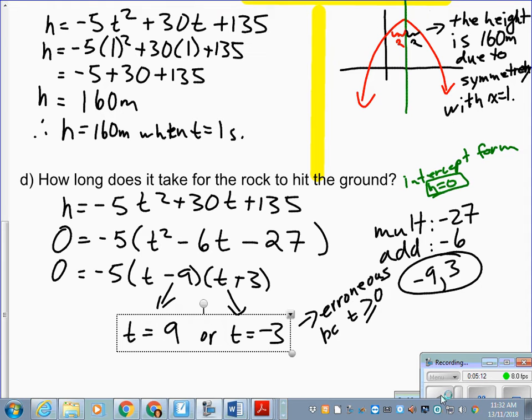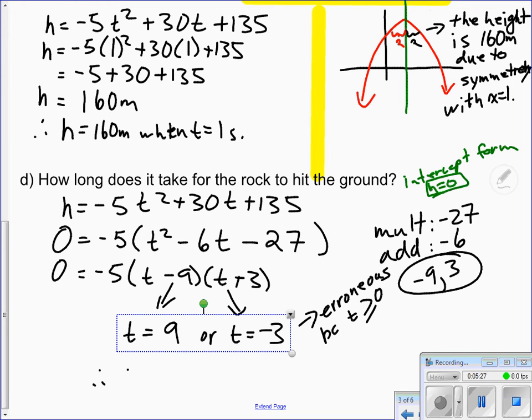And it ends up being t equals 9 or t equals negative 3. And negative 3 is erroneous because our t values must be greater than 0. So we could say right off the bat that, therefore, it takes 9 seconds for the rock to hit the ground.